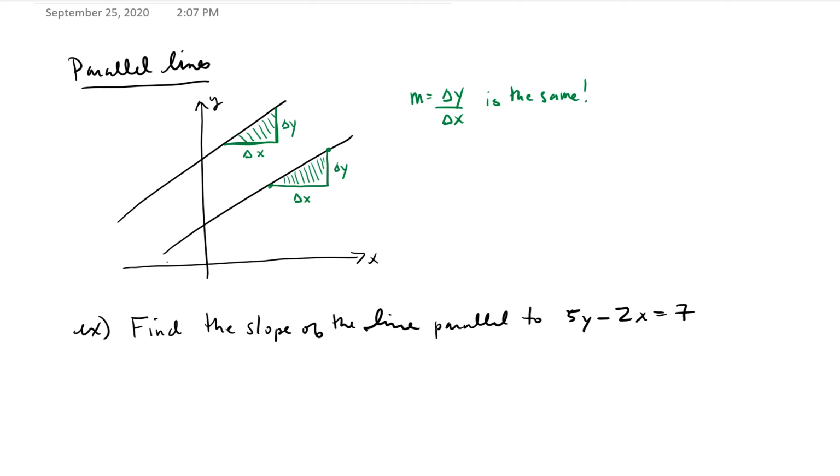It's not in slope intercept form or point slope form, but we can put it into slope intercept form by just solving this equation for y. So if I do this, I get 5y is 2x plus 7, and solving for y I get 2/5 of x plus 7/5.